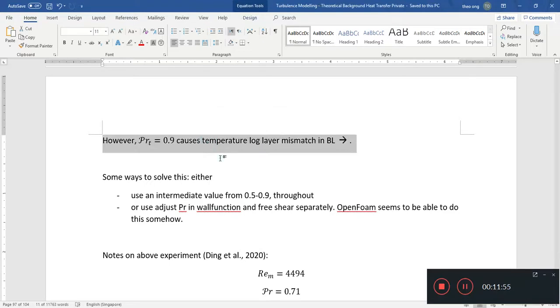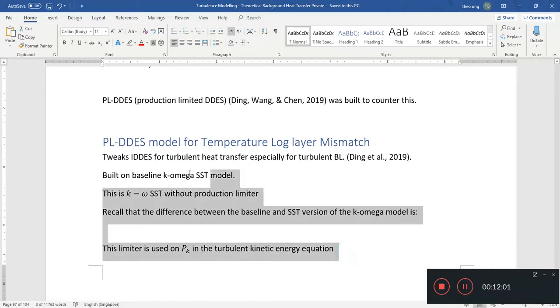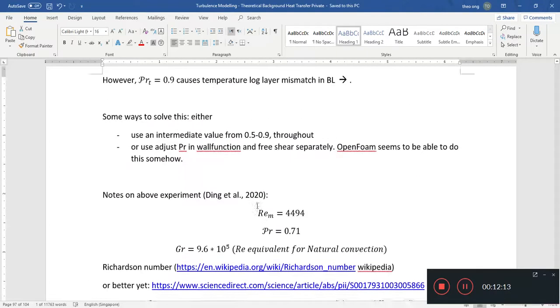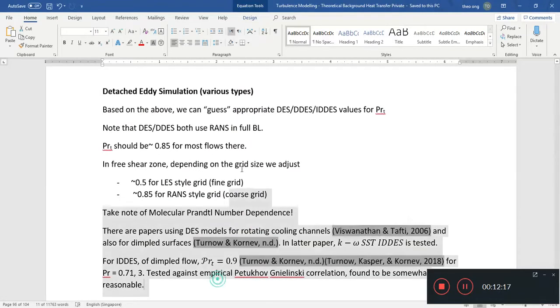You have this temperature log layer mismatch in a boundary layer, and the way that it was countered was to formulate a slightly modified model for the K omega SST DES. So they tweaked it a bit to try and make the wall functions and the temperature model match better.